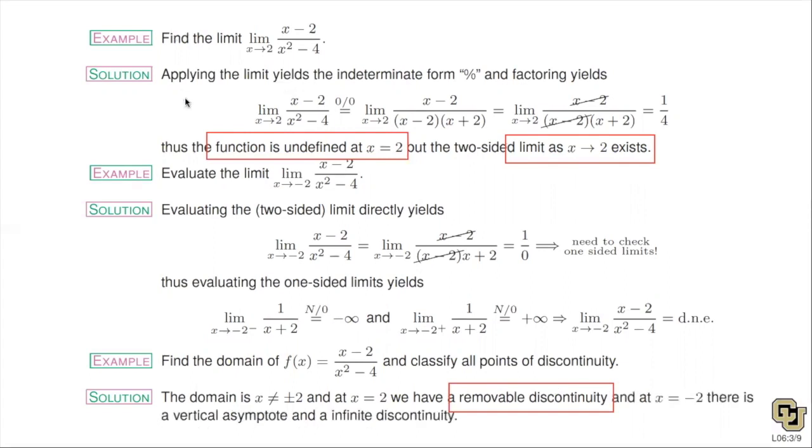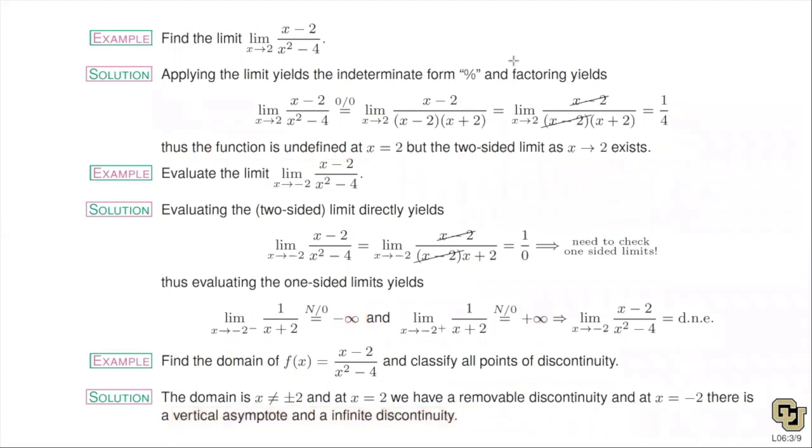At x equal to negative 2, since the limits are blowing up to plus or minus infinity, here we have a vertical asymptote. And vertical asymptotes are also an infinite discontinuity. So this example is to point out that the roots of the denominator aren't always asymptotes.